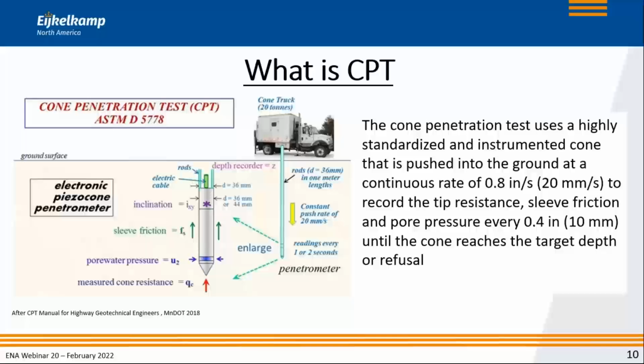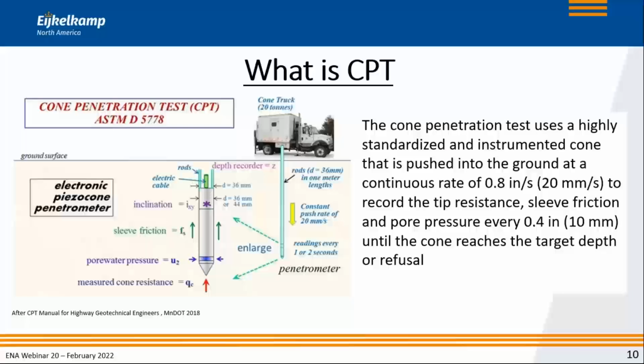What you see on the left-hand side is a graphic where a truck, in this case, but it can be any other vehicle, is used to bring a pusher to a job site. And with that pusher, we then push a cone in the ground, and that cone that you see enlarged there measures the tip resistance, the pore pressure, and the sleeve friction. That cone is pushed in the ground at a constant speed of 0.8 inches per second or 20 millimeters per second.